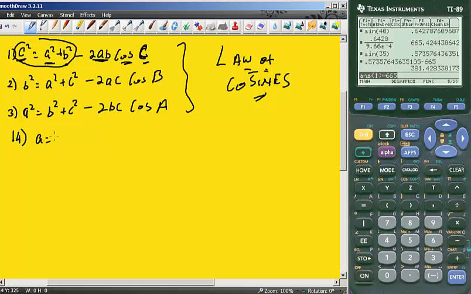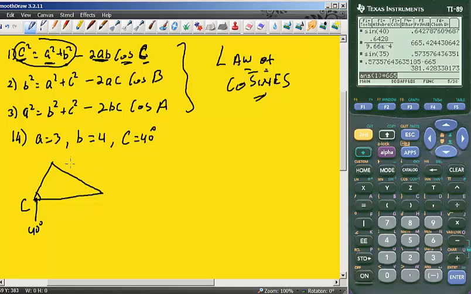They give us a is equal to 3, b is equal to 4, and they tell us angle C is equal to 40 degrees. So if we were to draw a random triangle, I'm going to call this C, and put 40 degrees there.